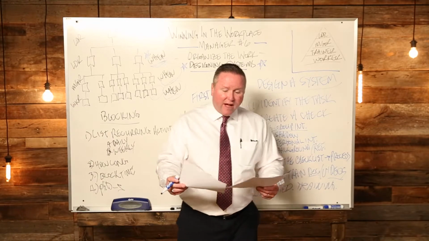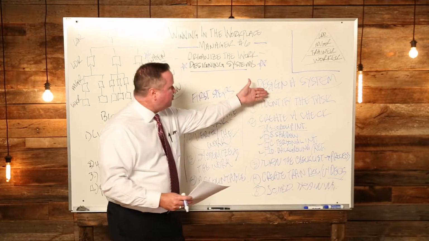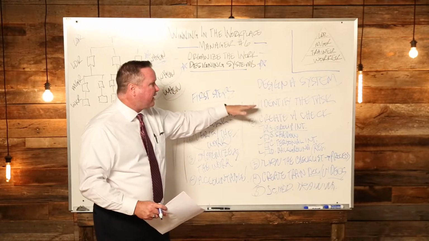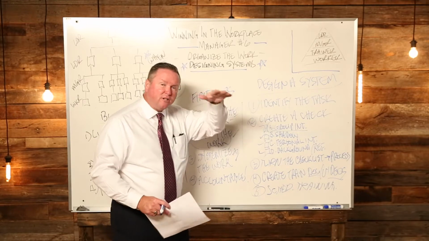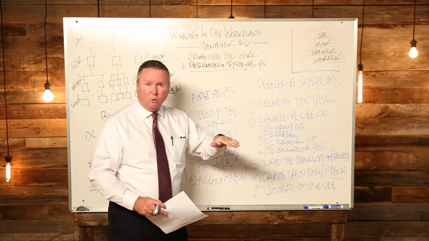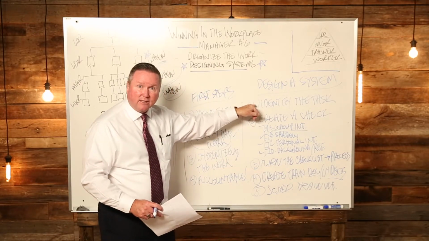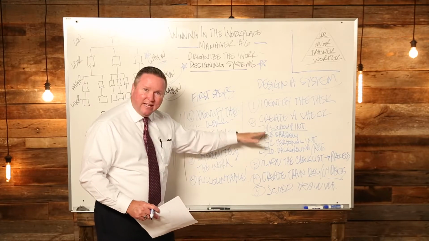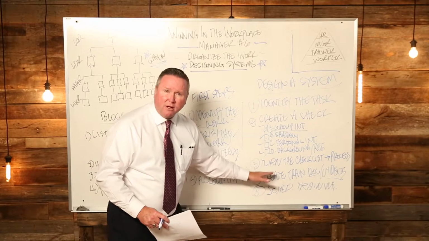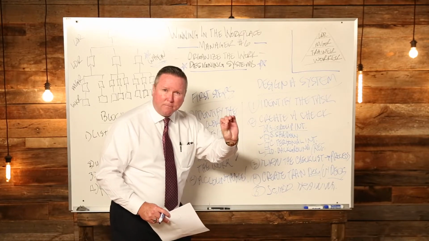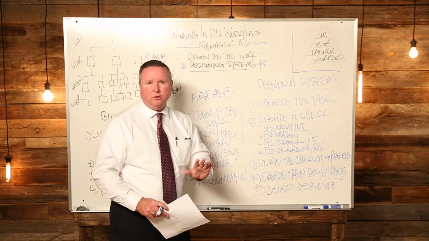So these are our 5 steps that we put together to design a system. Once again, we're going to identify the task. Next of all, create a 30,000-foot checklist of the main things that you want to cover to complete that task. And then we're going to dive into each of those different steps on your checklist and actually write the process of how to do that step. What the specific things that you're looking for.